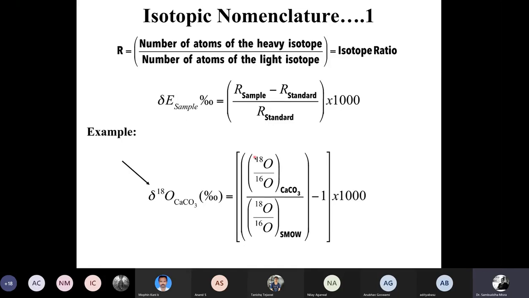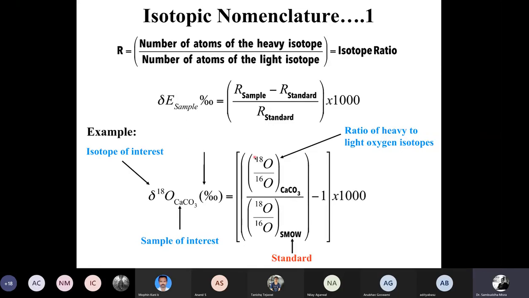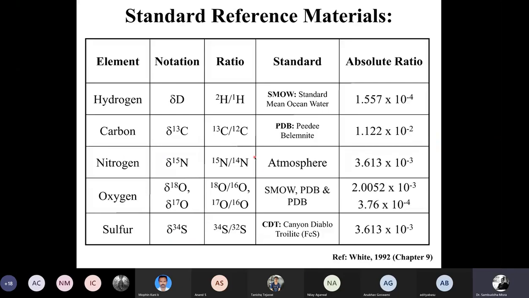Okay. That's about it. Now, different systematics have different isotopic standards. What is a standard? In isotope space, a standard is something which is homogeneous in isotopic composition and available in large quantities. As simple as that. Homogeneous in composition, available in large quantities.